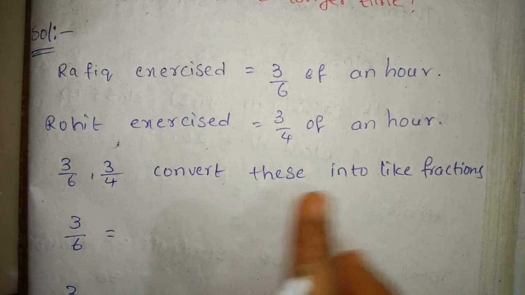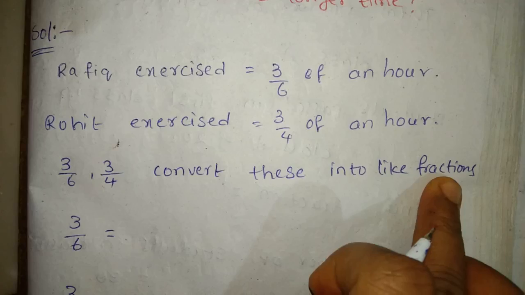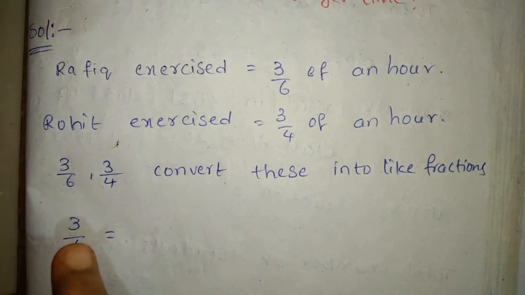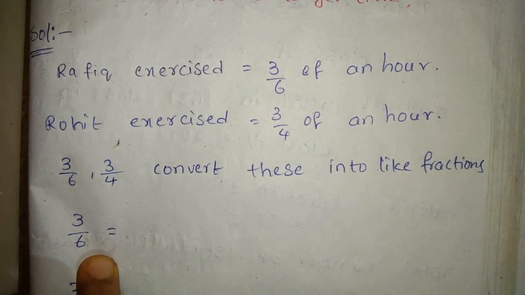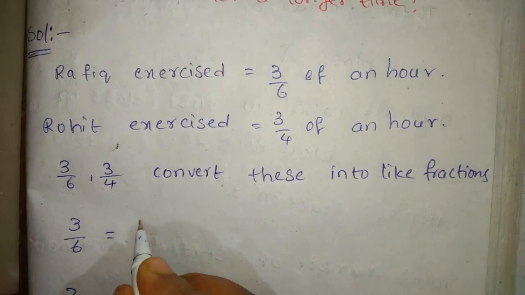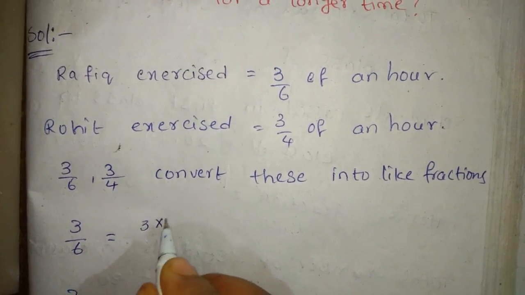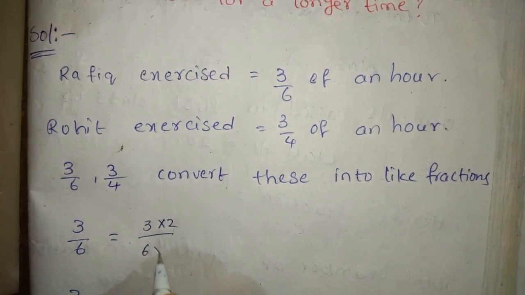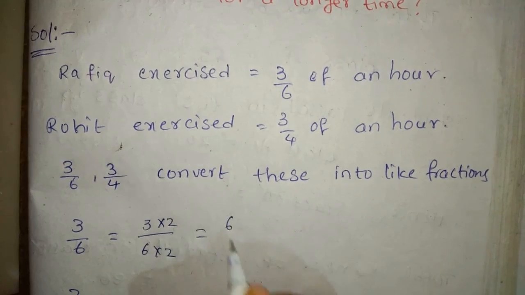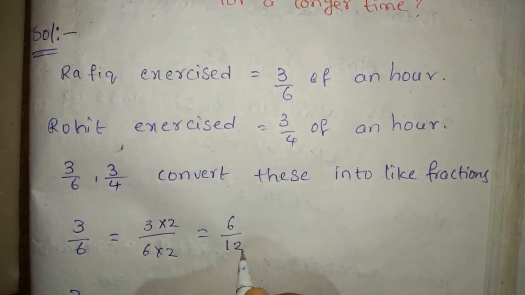Now convert these into like fractions. First, in this 3 by 6, we multiply both numerator and denominator by 2. That is 3 by 6 is equal to 3 into 2 by 6 into 2. Then we get 3 twos are 6, 6 twos are 12.